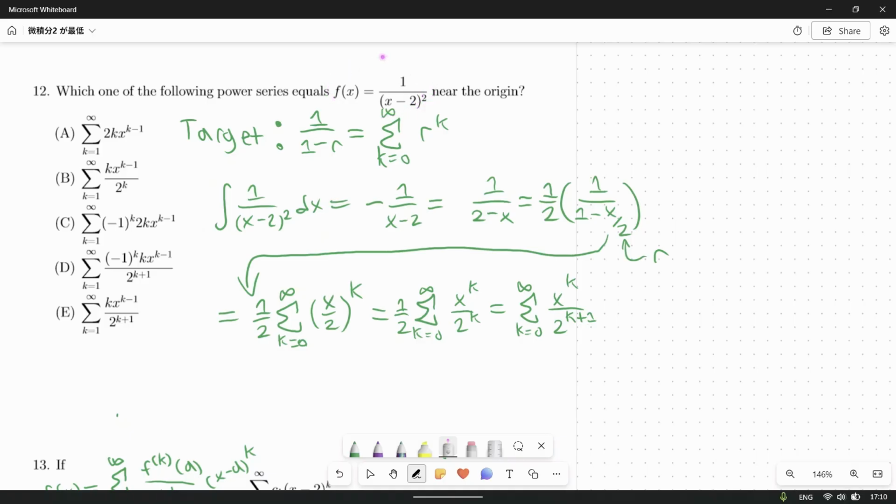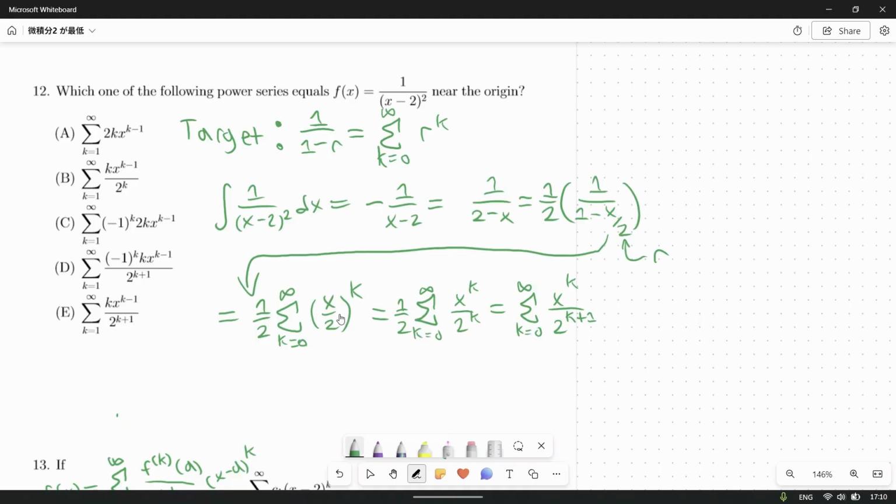And so since we took an integral to get here, all we have to do from here is just take the derivative of this series, and we'll have a valid power series for the function. Recall that when you're taking the derivative of a series, it follows the same process as a normal function, except you're going to attach a sigma term to the end of it once you're done.